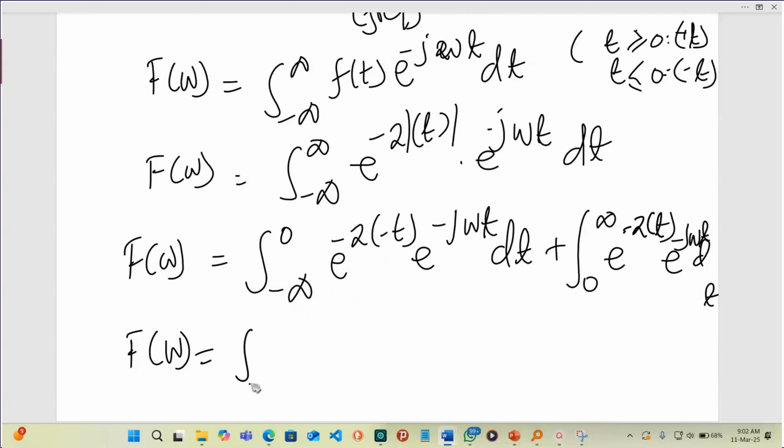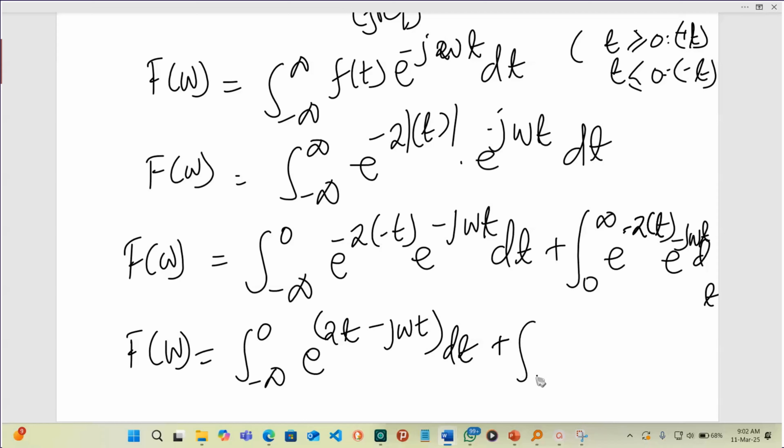We have negative infinity to 0 of exponential, this is going to be positive, so it is going to be 2t minus j omega t with respect to t, plus integrating from 0 to infinity of what?